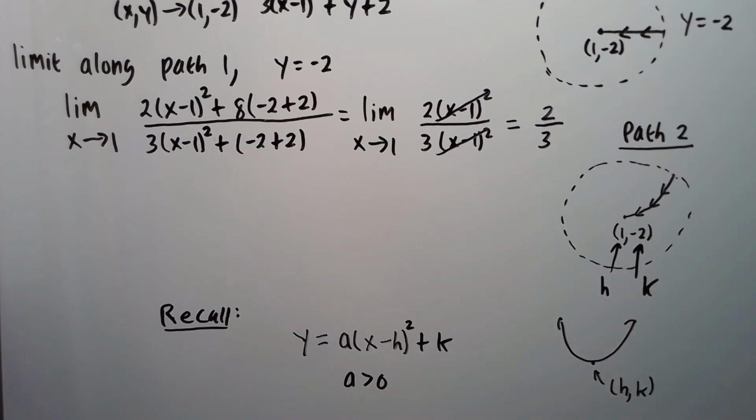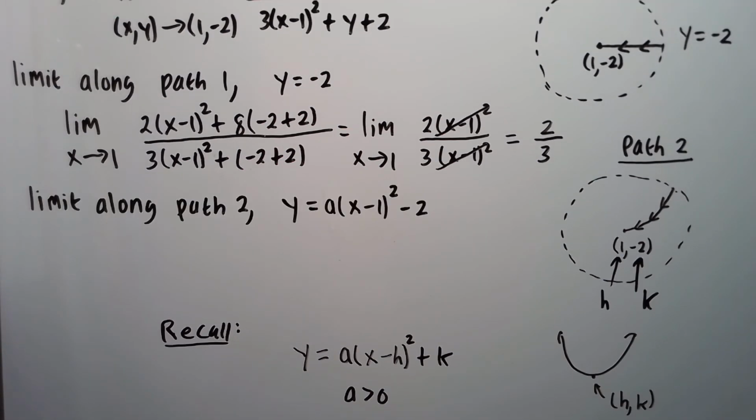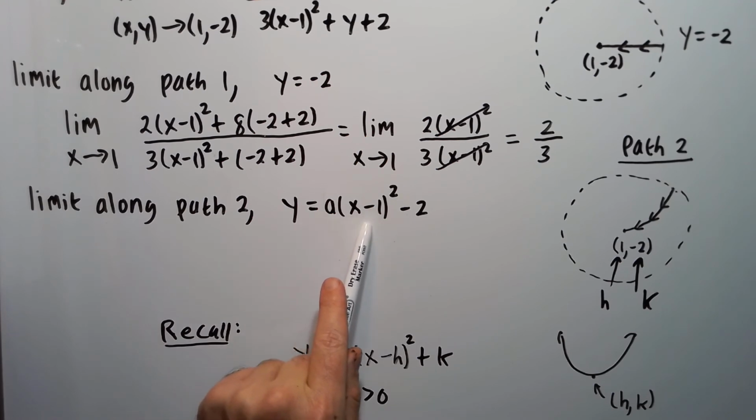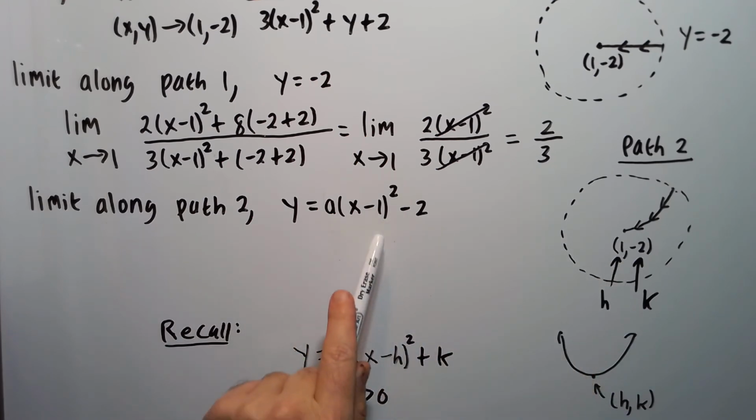So let's find the limit along path 2, which would be y = a(x − 1)² − 2, because the h is 1. So using our parabola formula here. Let me erase the parabola formula now and we'll keep going.